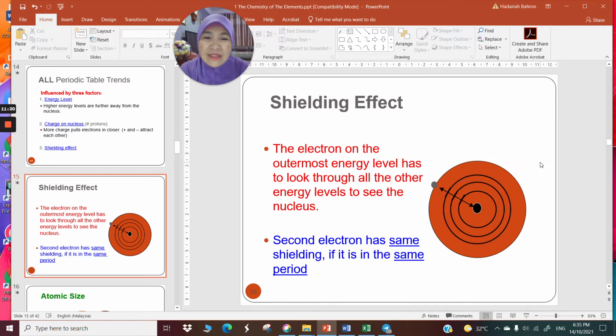So that is what is meant by the shielding effect, because it is shielding the electrons from the pulling factor of the nucleus, since the nucleus is positively charged and the electrons outside are negatively charged. The more layers, the more shielding it will provide.